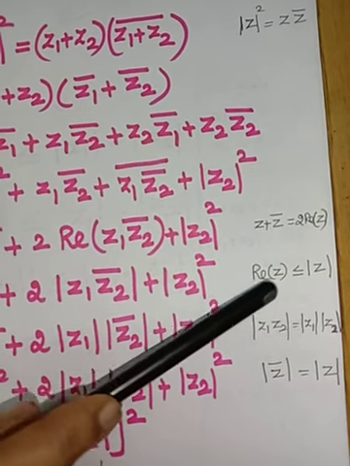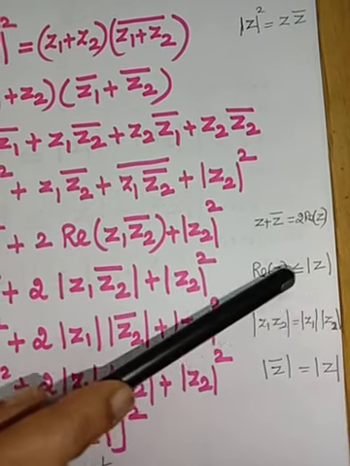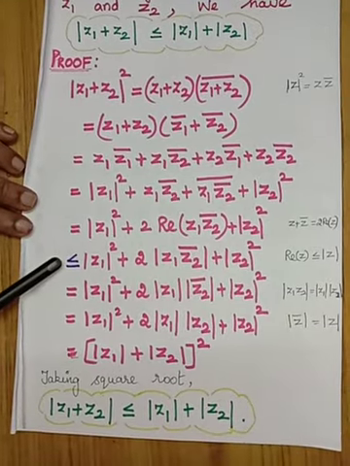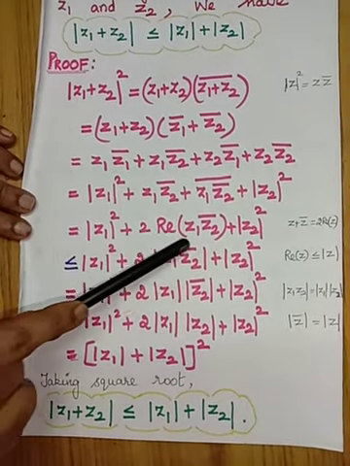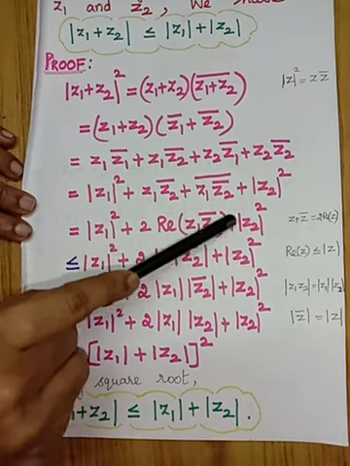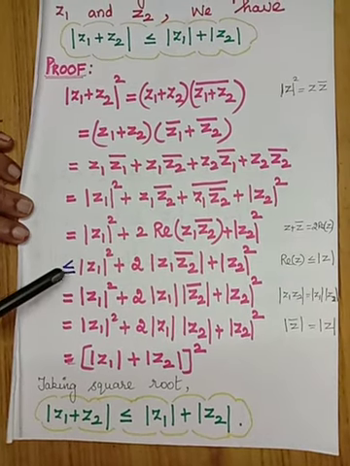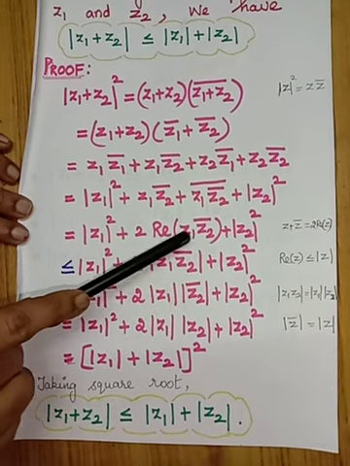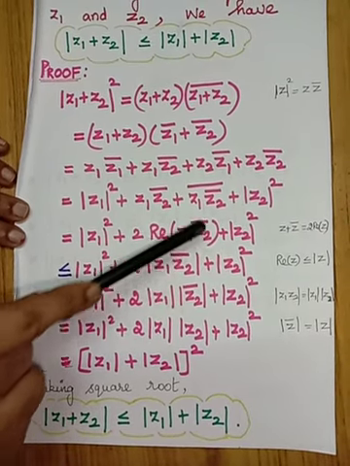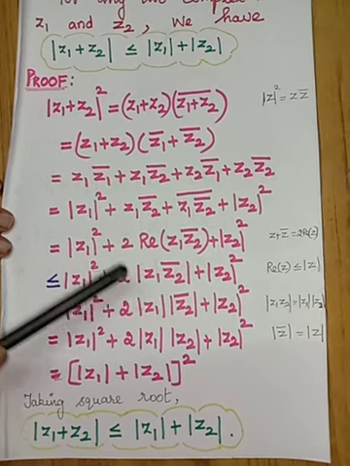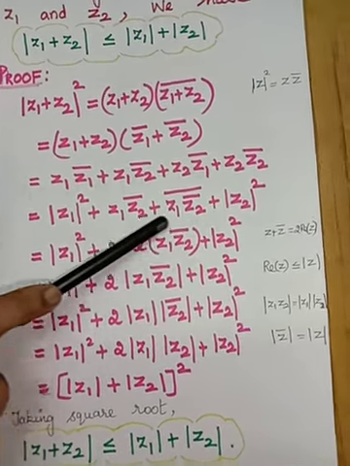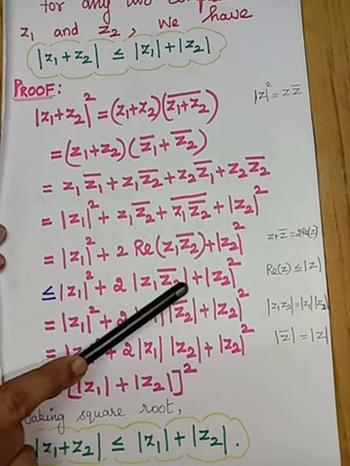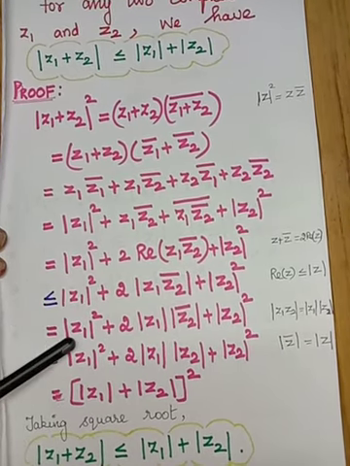Real part of z is less than or equal to modulus of z; here your z is z1 z2 bar. Again, real part of z is less than or equal to modulus of z. The remaining terms I have written as it is.